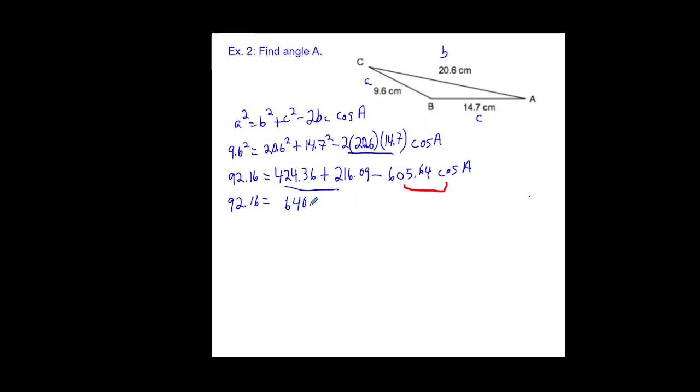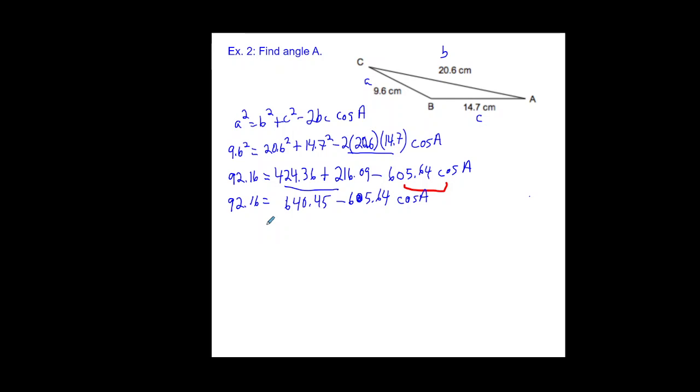We still have that 605.64, and the cos A is still out here. Again, be careful. Don't subtract. It's very tempting. I know it looks like we can just subtract there and we'll be almost finished, but be careful about that.